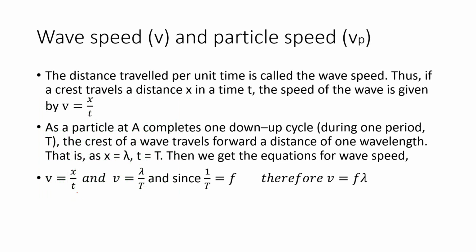Another characteristic of a wave that we must talk about is what we call the speed of the wave, or the speed of the particle, mainly though the speed of the wave.